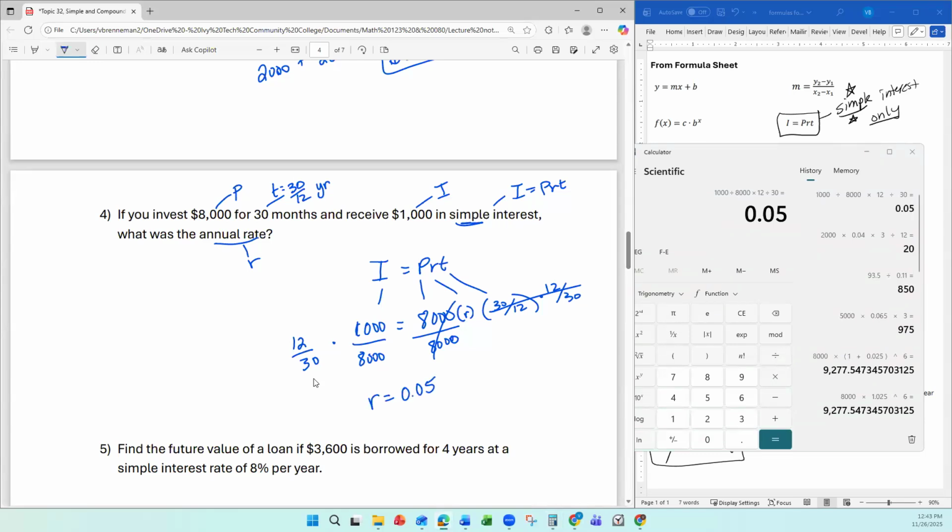Again, lots of different ways you could go about doing that calculation to find R, different ways you could combine the numbers there. Try to avoid any rounding, but I don't think it matters. So if you went ahead and did 8,000 times 30 divided by 12, you get 20,000. So then you would be taking 1,000 divided by 20,000. That'll work. 0.05 is the decimal form. This is going to be a 5% rate.